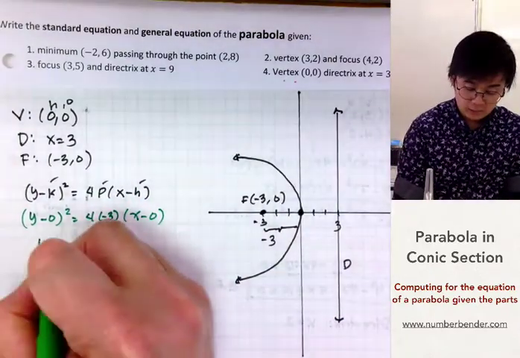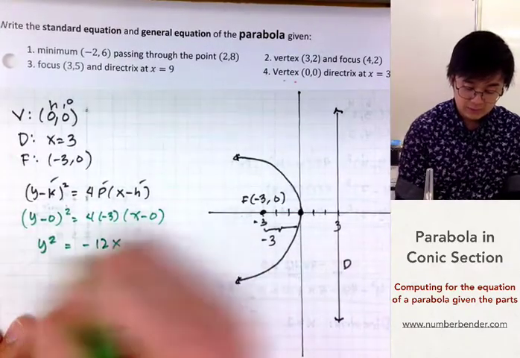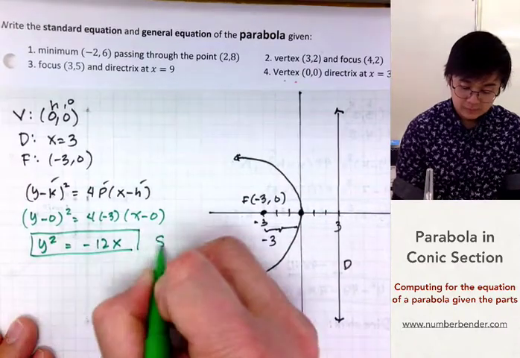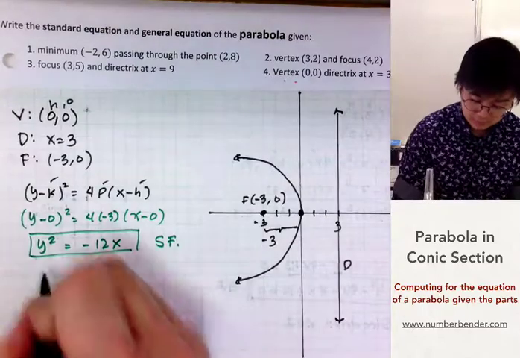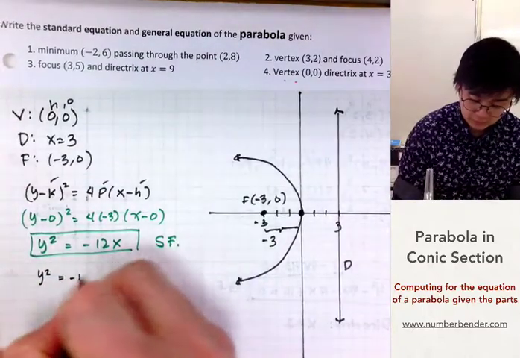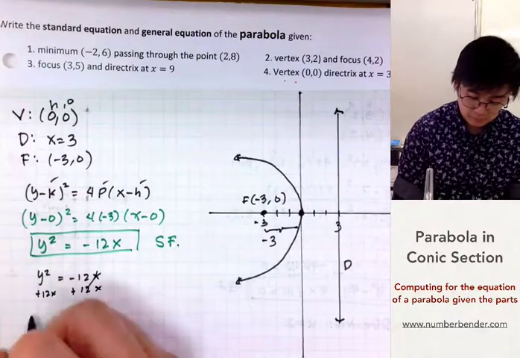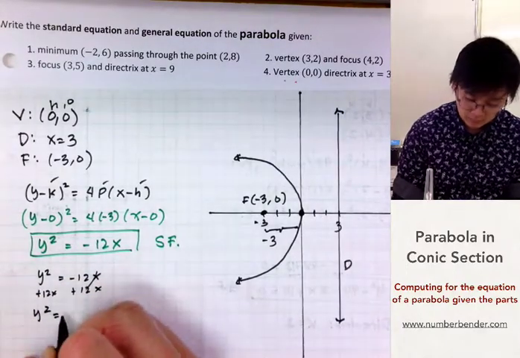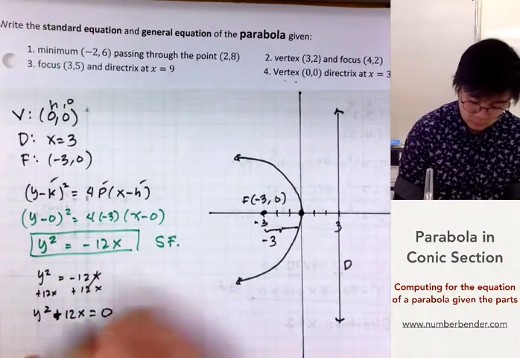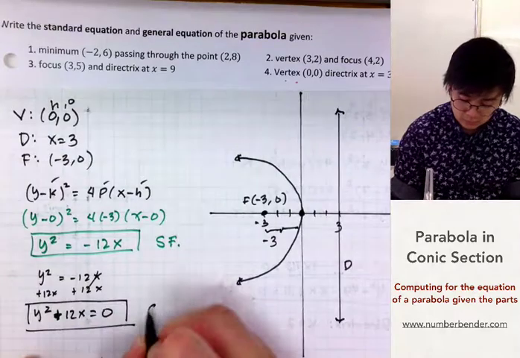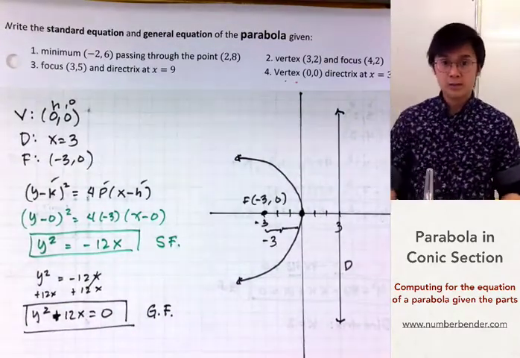So we'll have y squared equals negative 12x. This is our standard form, and the general form is pretty simple because we have y squared equals negative 12x, plus 12x on both sides. And this is the general form of our parabola.